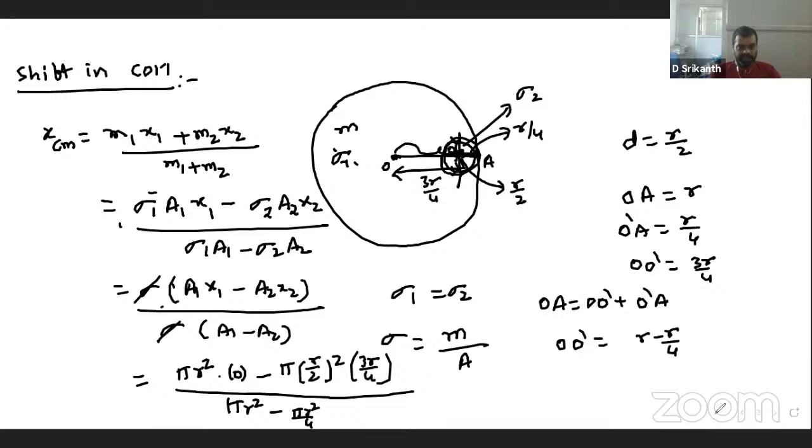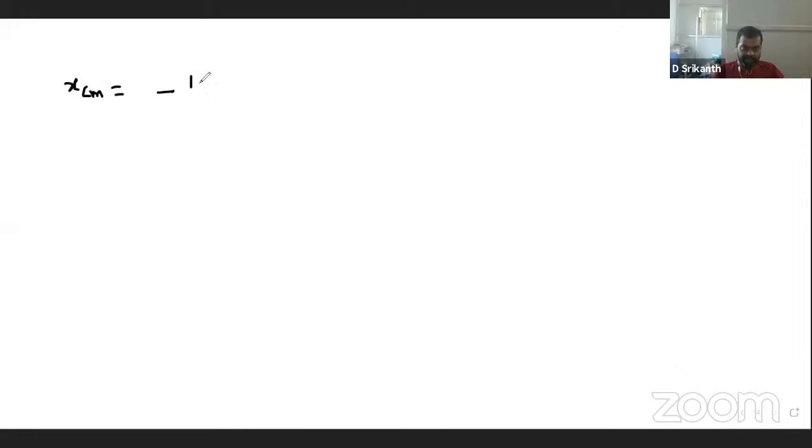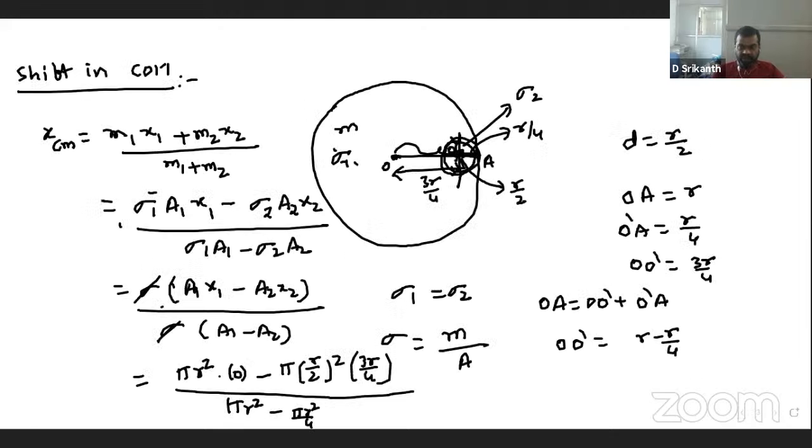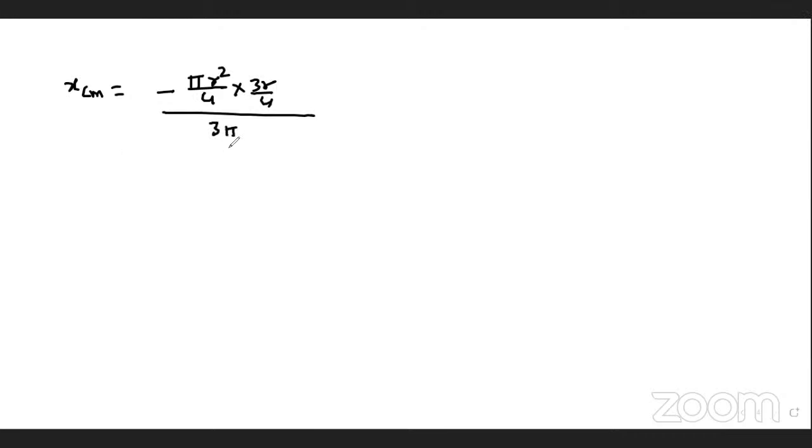So xcm is equal to: the first term is 0. So minus pi r square by 4 into 3r by 4, divided by 3 pi r square by 4.